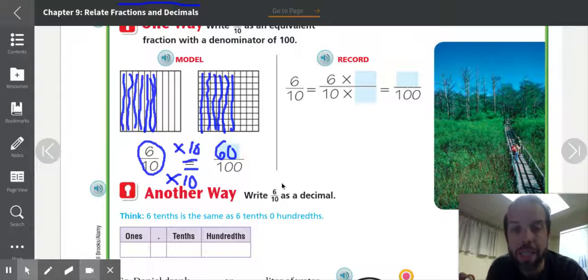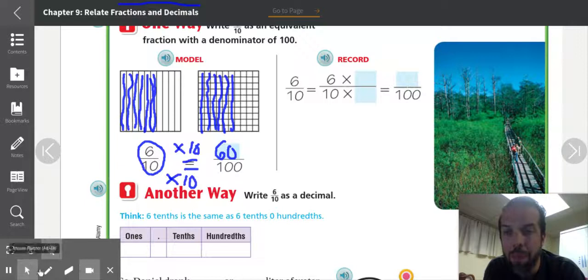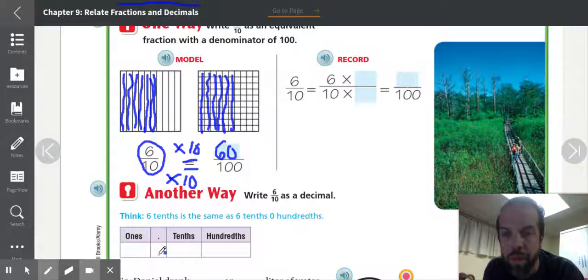So now we want to write 6/10 as a decimal using our place value. So 6/10 as a decimal. So we learned earlier this week, here's my decimal right here. I don't have any holes. We know that, guys, because none of these shapes are completely filled in all the way. So we're going to say 0, 1 holes. And how many tenths do I have?